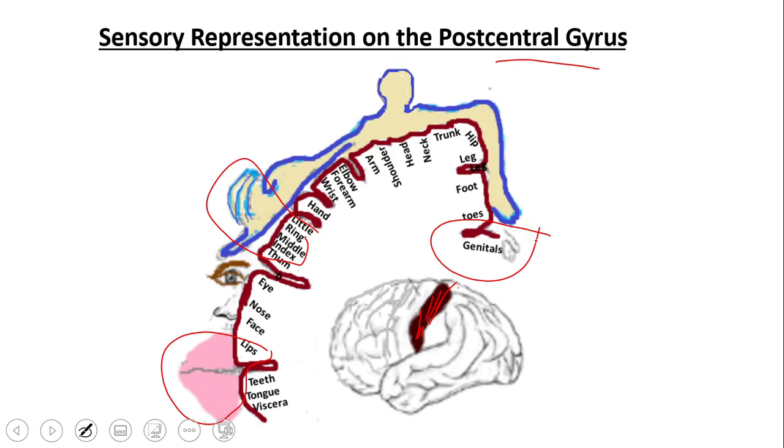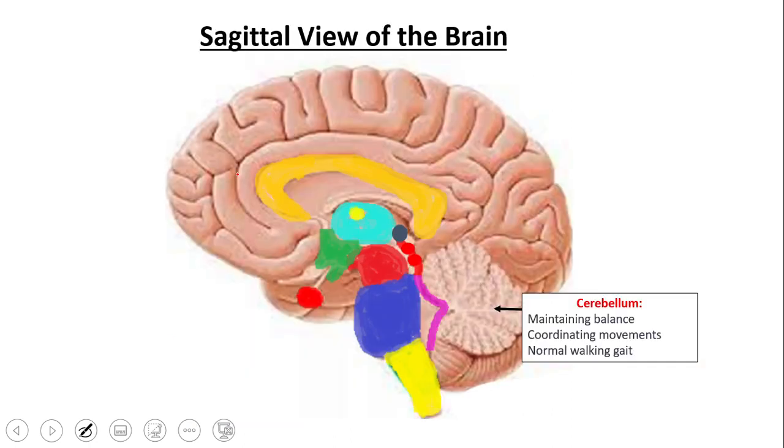So they have more representation on the cortex. So of course, the fingers feel anything the most. So if you are touching something with your forehead in comparison to fingers, the fine, detailed sensation comes from our fingers. That's why they have a larger representation on the post-central gyrus.